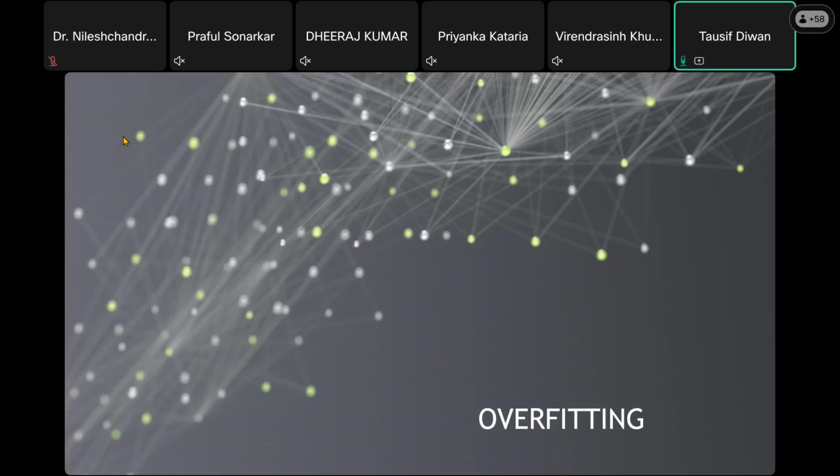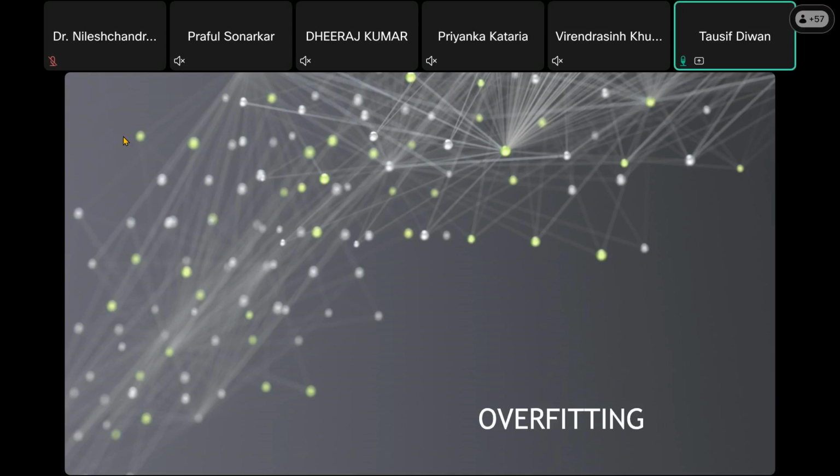If my model is performing very well on the training set, we expose the training set to the model. But when we expose unseen data to the model and the model is not able to perform well on the unseen data, then our model is of no use. Now the model is not performing well on the testing data or the validation data. So ultimately, there is a performance difference between the training set and the validation set. This problem is known as the overfitting problem.